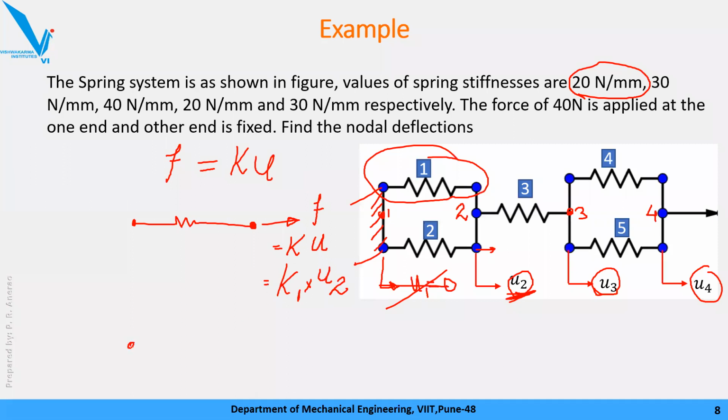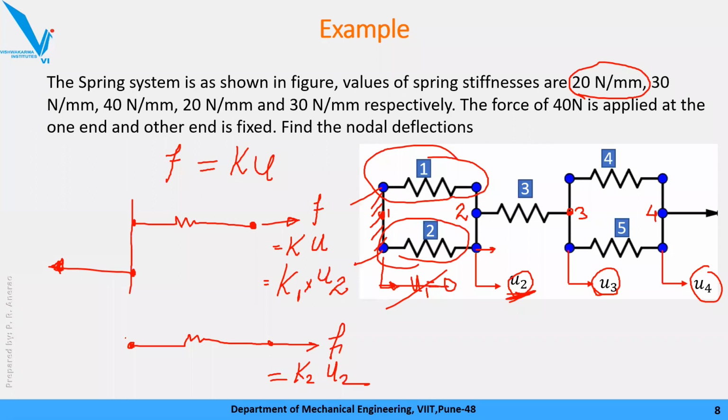Another thing, if I look at this, the force is something like this, which is equal to K2 into U2. And if I consider this node number 1, to have an equilibrium condition, we know that there should be a force acting on node number 1 equal to the summation of these two, then and only then the system will be in equilibrium.